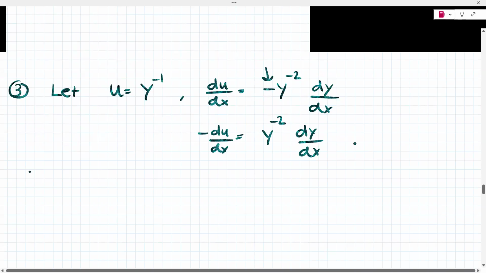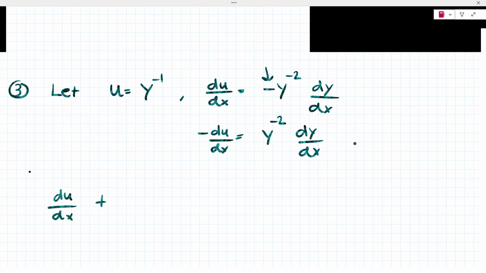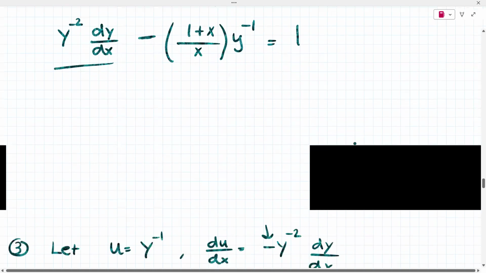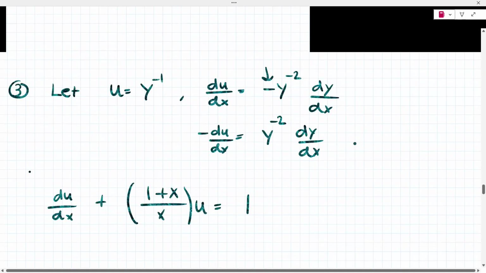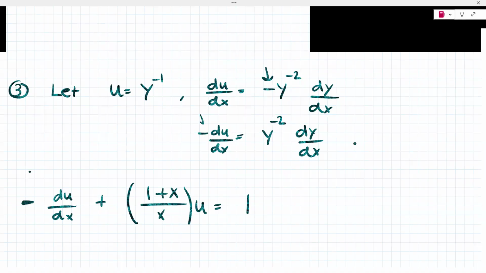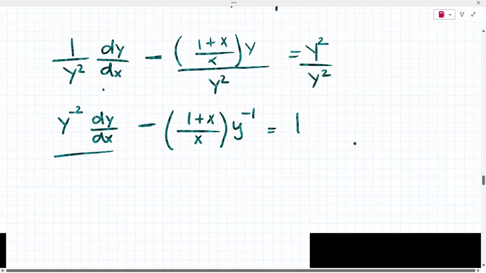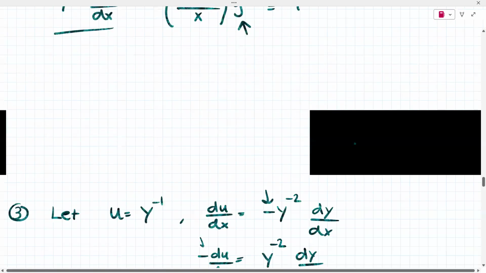So this is going to now become du dx plus 1 plus x over x times u. And then the right side becomes positive 1. Whoops. Do you see the mistake? There should be a minus right here. So all I did was I replaced this with this, and then I replaced y to the negative 1 with u. That's all I did.